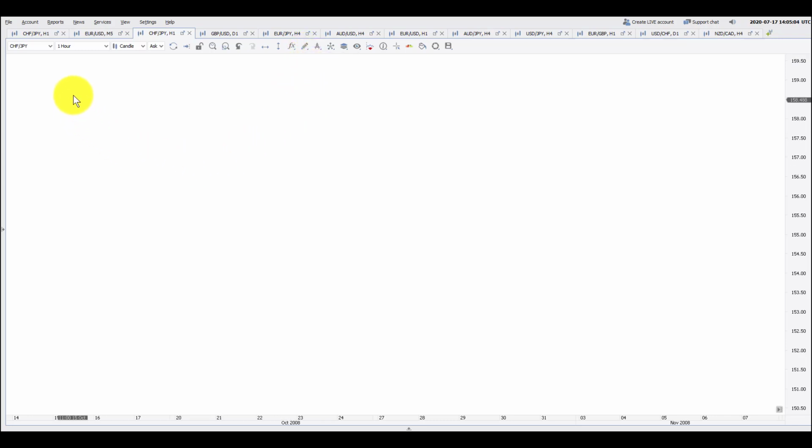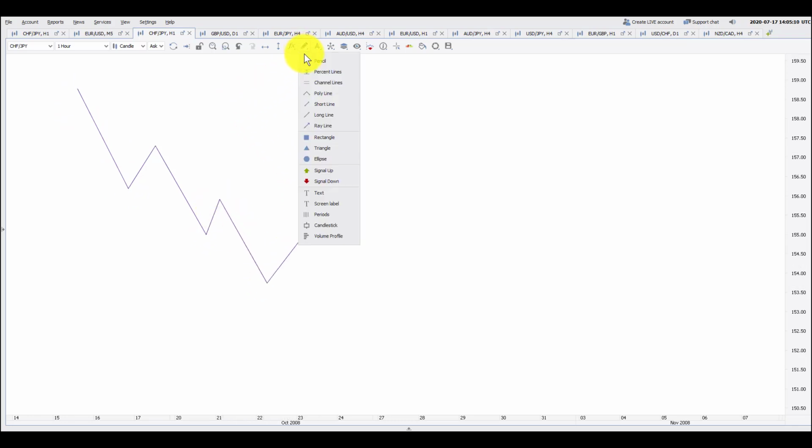So we need this type of trend here. Why I have drawn these circles and lines like this is because I was trying to create lower highs and lower lows, and lower highs and lower lows are the indication of a downtrend.